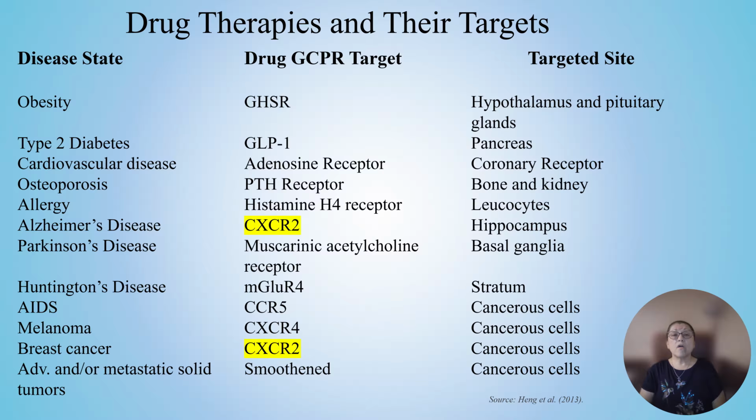Then we have cardiovascular disease, and the drug target would be the adenosine receptor, and its site would be the coronary receptors, which are on the heart. Then we have osteoporosis, and it will be the PTH receptor, because PTH is a major contributor to bone growth, and this will affect bone and kidney.